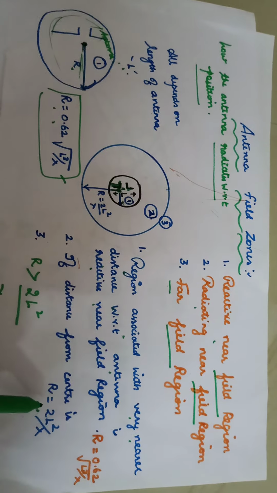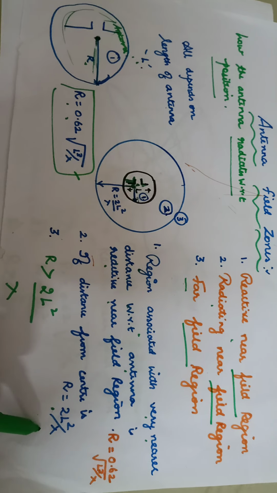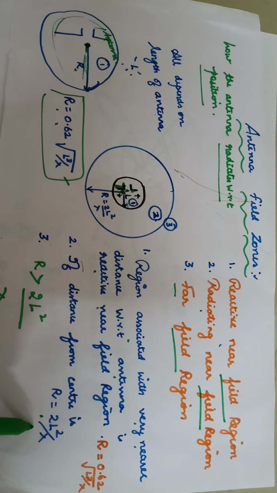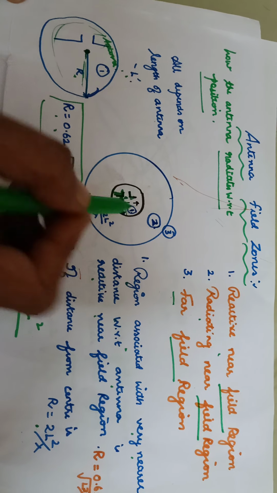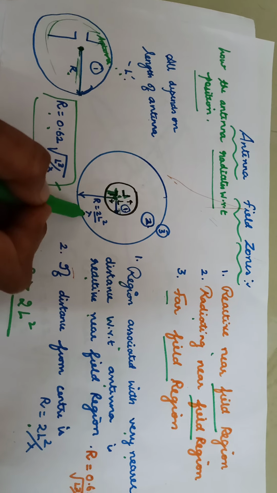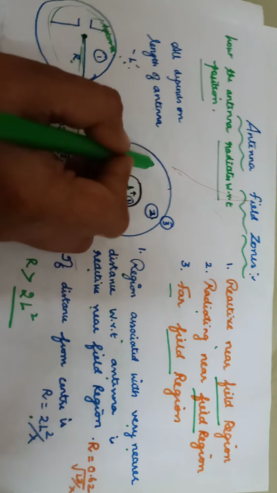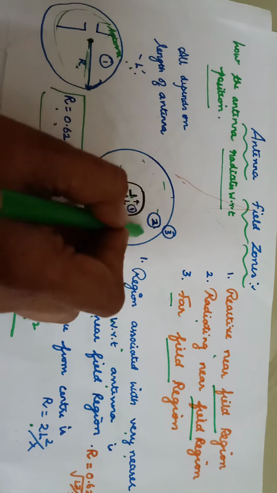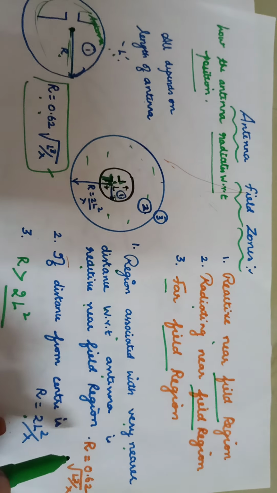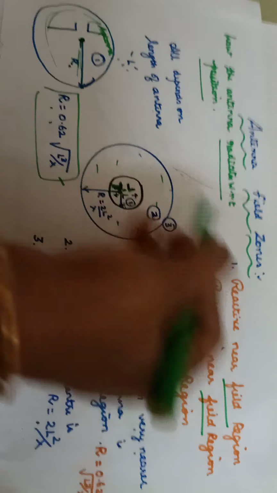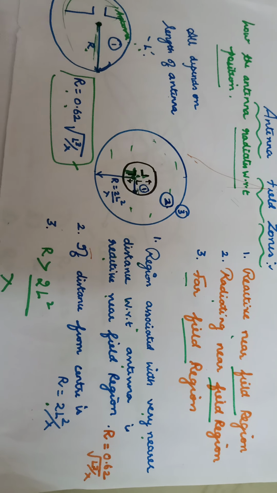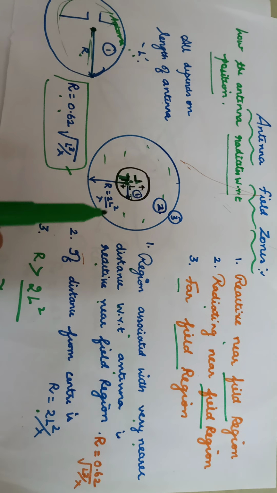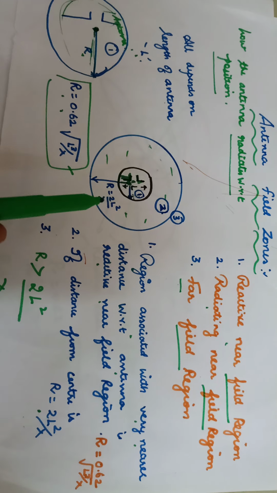If the radial distance is 2L square by lambda, marked with the blue circle here, then if R equals 2L square by lambda, that region is called the radiating near field region. And if it goes beyond this, that is called the far field region. So there are three regions in an antenna field.